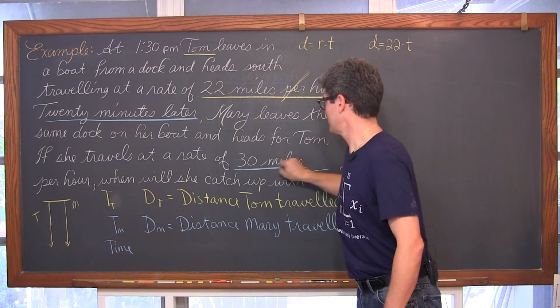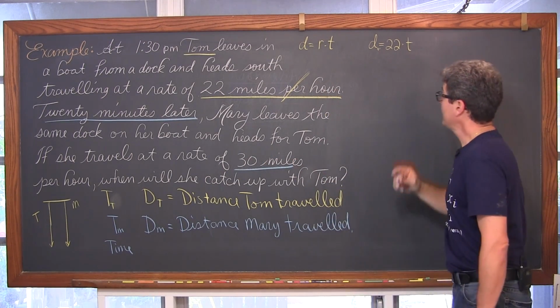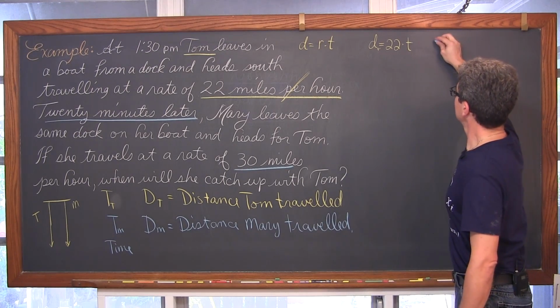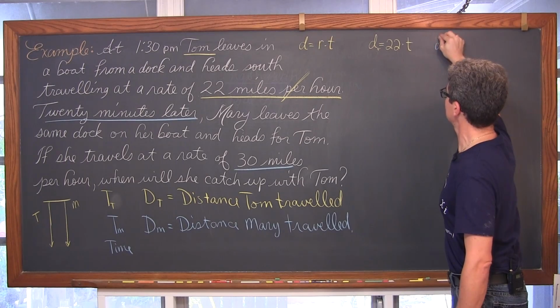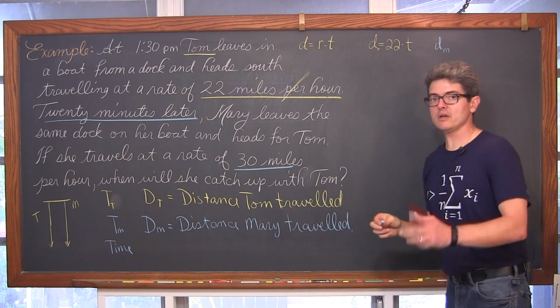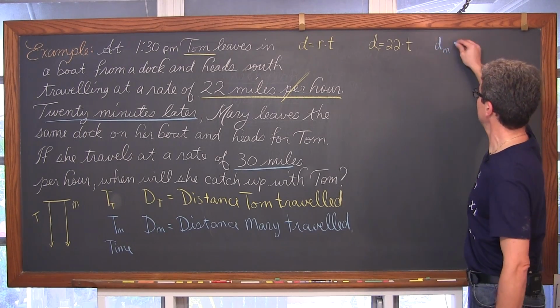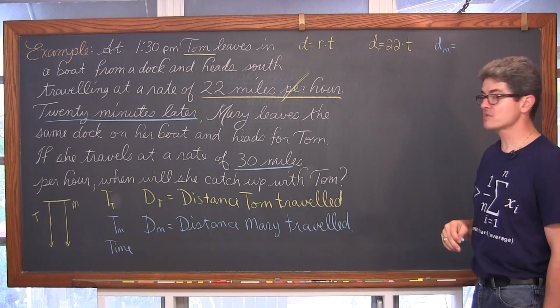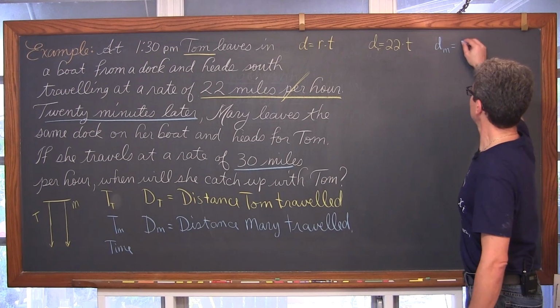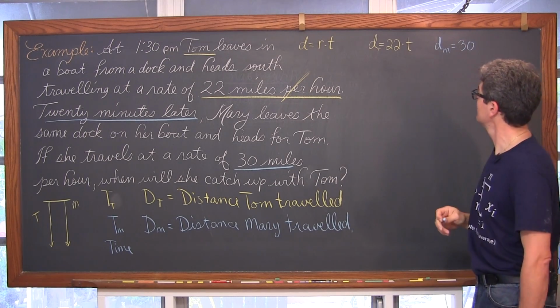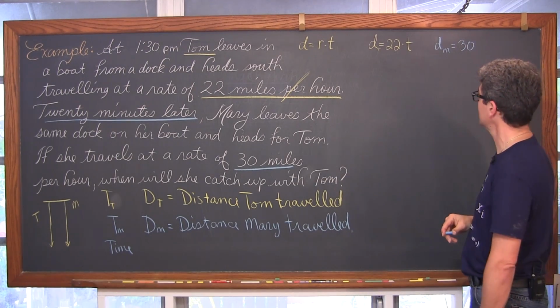She's going 30 miles per hour, and I realize I'm going to need to pause here and change my definition of my variables, because I'm doing yellow for Tom, blue for Mary. Mary is going to cover some kind of distance, going 30 miles per hour, and she's going to be traveling some amount of time.